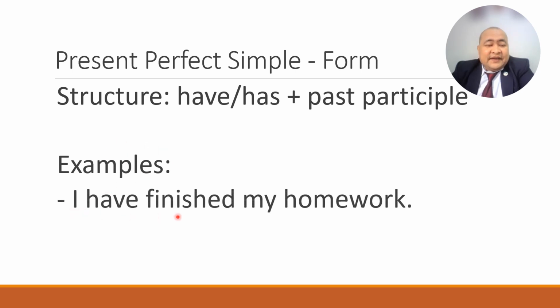I have finished my work. I is the subject, so the auxiliary verb uses have, not has. And then the past participle is finished, verb 3 of finish. I have finished my work.